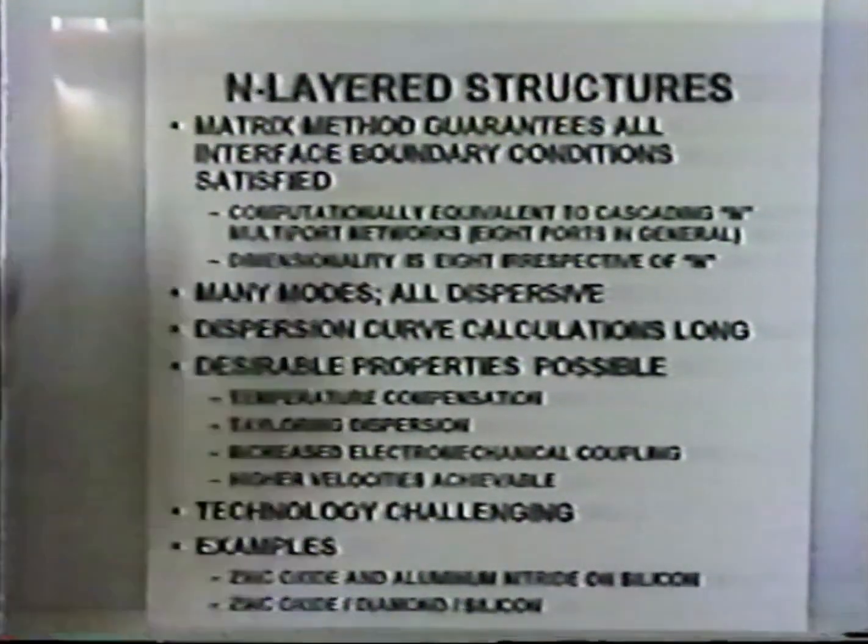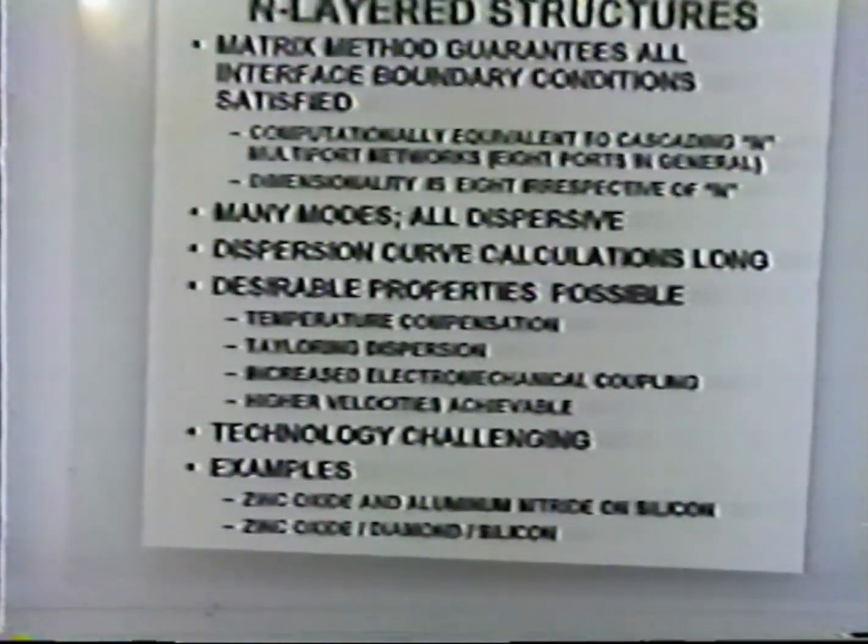Now, when we have layers, the first headache you come up with is that you have a multimodal situation. There are many solutions to a structure which has layers, and all the modes that you find are dispersive. Let me remind you, dispersive means the phase velocity is a function of the frequency.